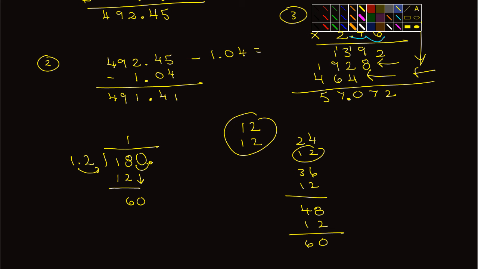Actually, 36 would be 3, 4, so 5. And it goes in evenly. Nothing left over. Where's the decimal go? Goes straight up. All right. So that's your answer, it's 15. Just 15. That was for number 4. All right.